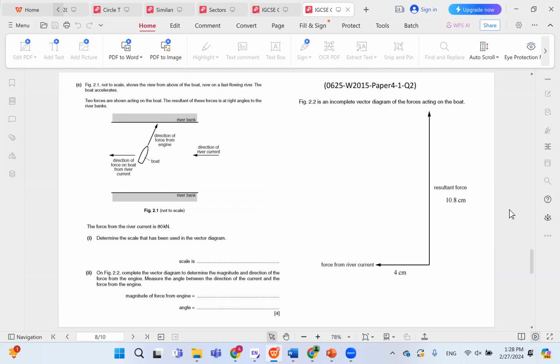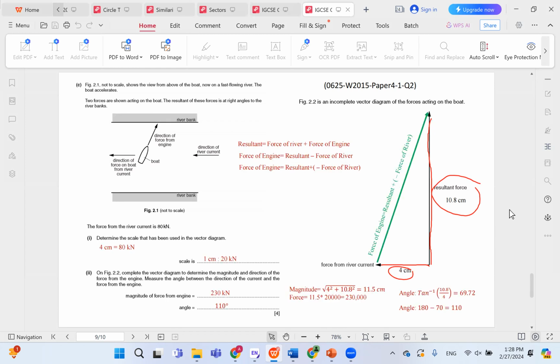So we need to use the ruler here to measure the two forces. So this here is 4 centimeters. And if you measure the resultant force, you would get around 10.8 centimeters here. So in order to determine the scale, all we have to do is write down that the force from the river current is 80,000.